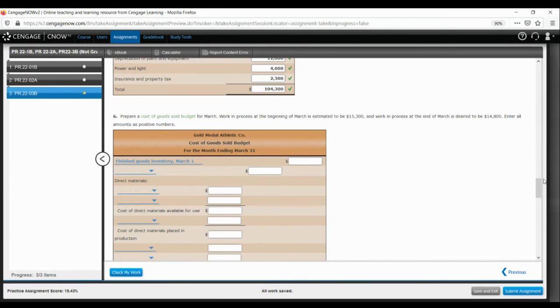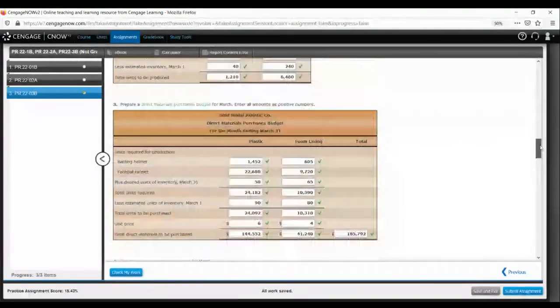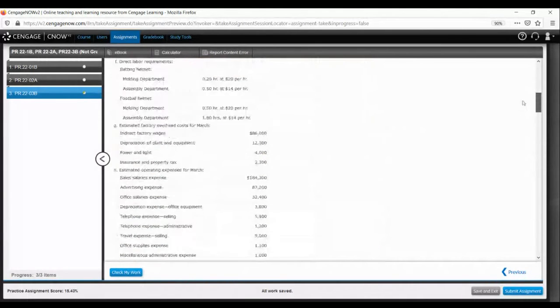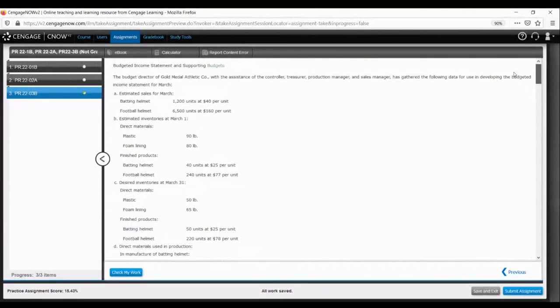So we're going to have to look for the amount of finished goods inventory at the top of the page. The beginning finished goods inventory comes from Part B. For your batting helmets, there were 40 units at $25 per unit.